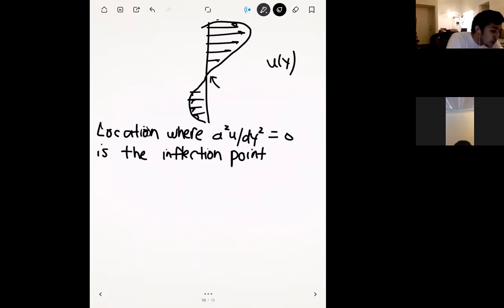So if you actually compute the second derivative here, what you'll find is that because you have this change of direction here, it's equal to 0.